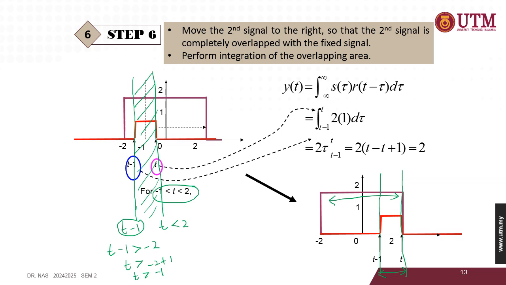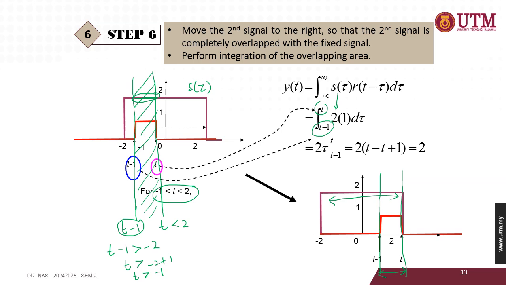In this case, the range of t in which the two signals overlap is from t minus 1 to t. For the first signal, s tau, it is constant 2 within the overlapping area.